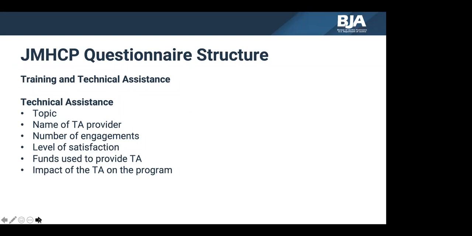You will report the name of the TA provider, the TA topic, the number of engagements, the level of satisfaction, and any feedback you have on the TA provider, and what funds were used to provide the TA. You will also be asked to describe the impact that the TA will have on specific outcomes related to goals of your program.